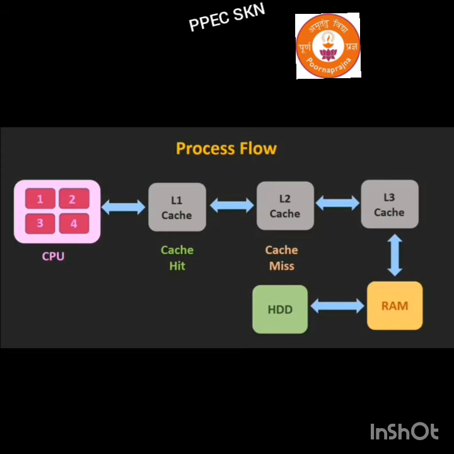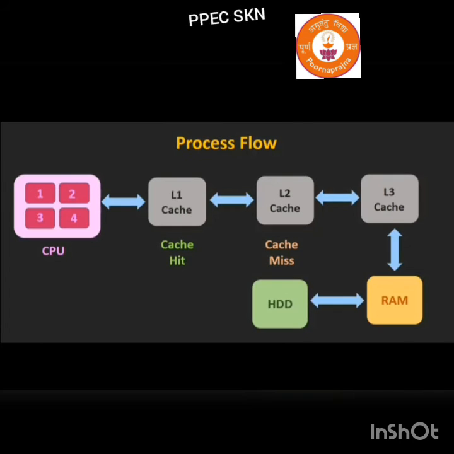If the CPU didn't get the data from the cache memory, it will automatically search the RAM, random access memory. If it is not there in random access memory, the data will be obtained from the hard disk. Suppose we open a document for the first time, it won't be available in the cache memory.